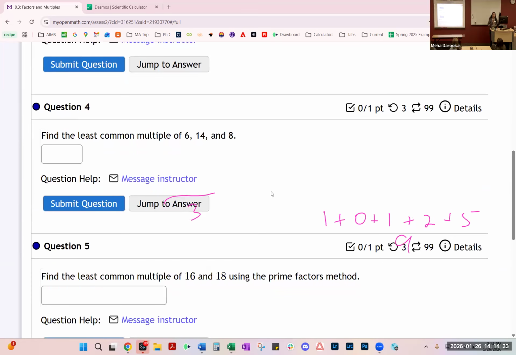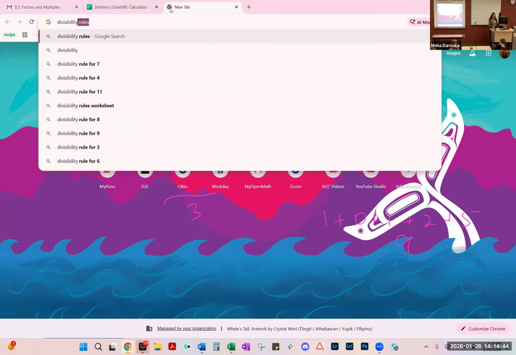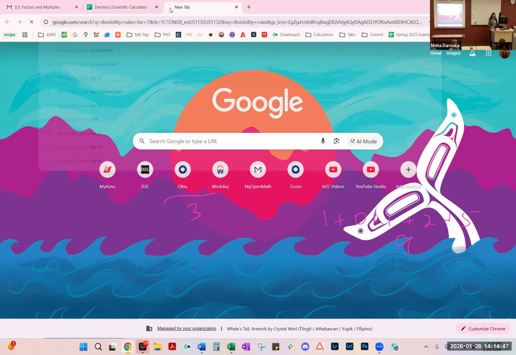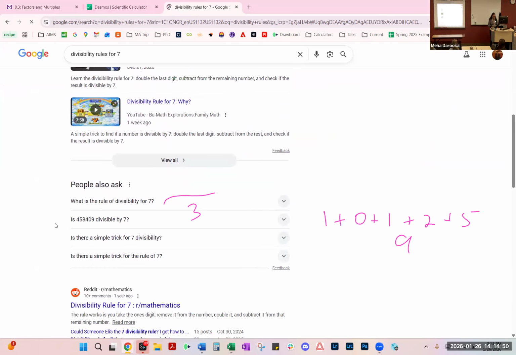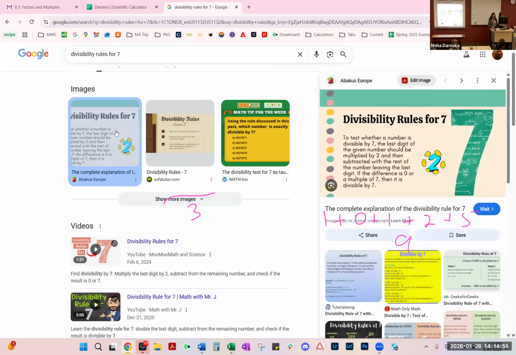So these are some of the basics. Now there's one for 7, if I remember correctly, and we might have to Google this, I think it's if the last 2 digits go into 7, then the whole number goes into 7. Divisibility rule for 7. The last digit, okay, so just the last digit of the given number should be multiplied by 2, then subtracted from the rest.